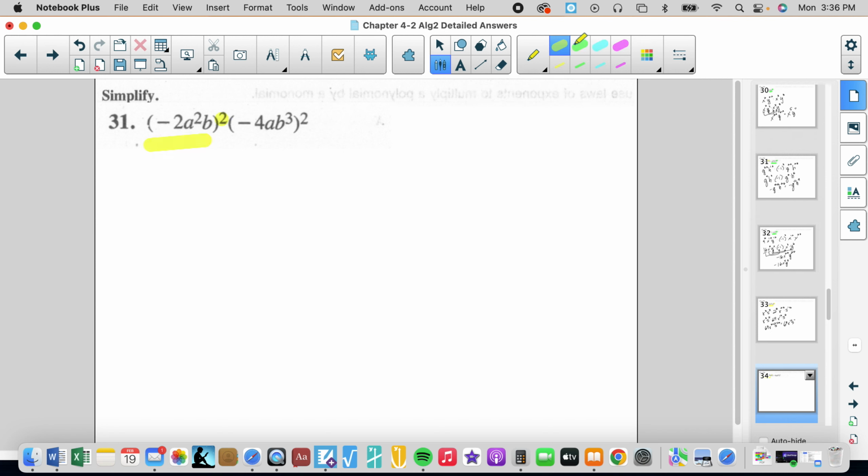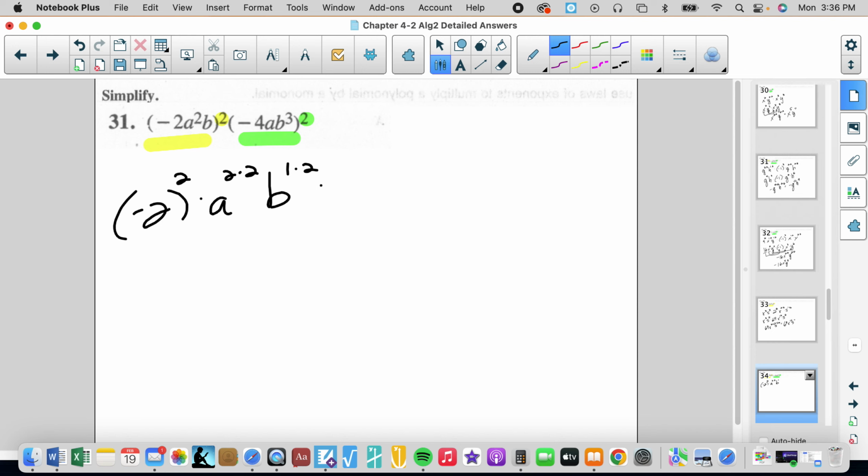So that's a square on that term, that square on that term. And now I'll make a mistake. We have the quantity of negative 2 to the second, a to the 2 times 2, b to the 1 times 2. We have the quantity of negative 4 squared, a to the 1 times 2, b to the 3 times 2.